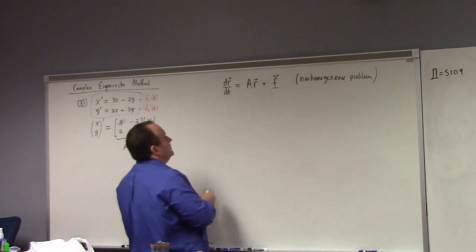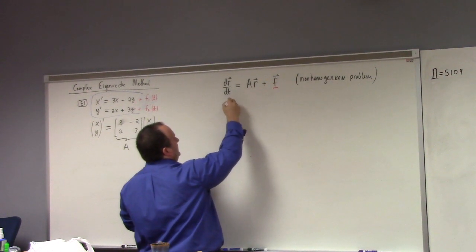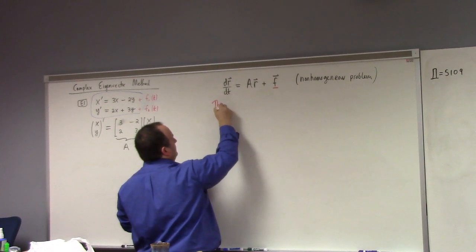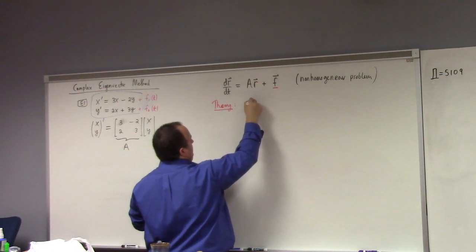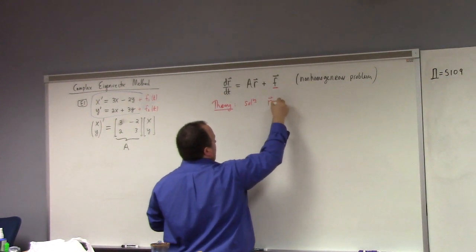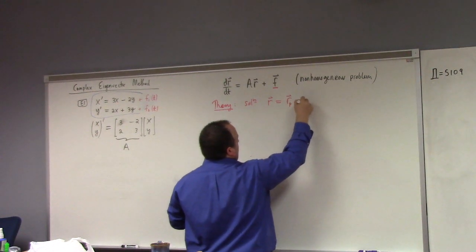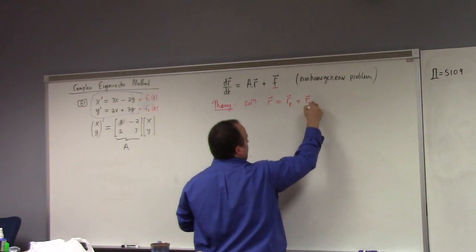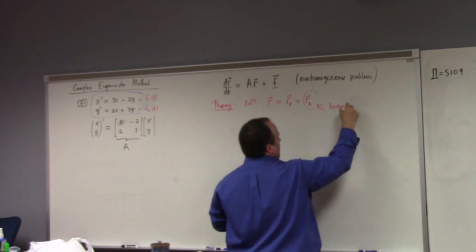So we want to find basically, the theory says that solution R can be written as the particular solution plus what's called the homogeneous solution. Now we've already talked about how to find the homogeneous solution.